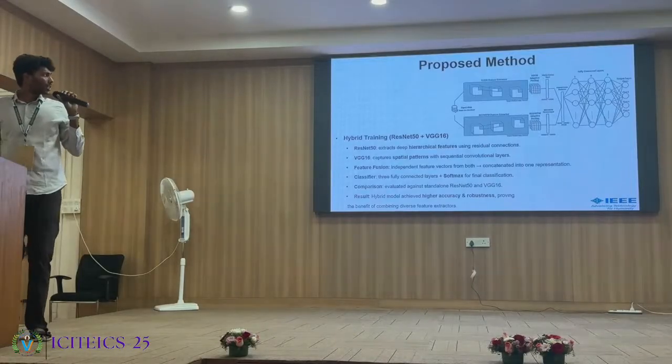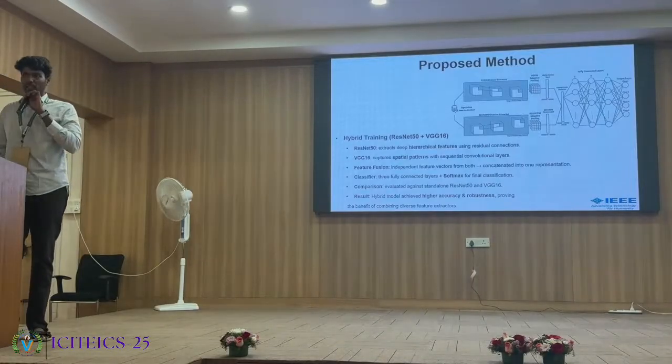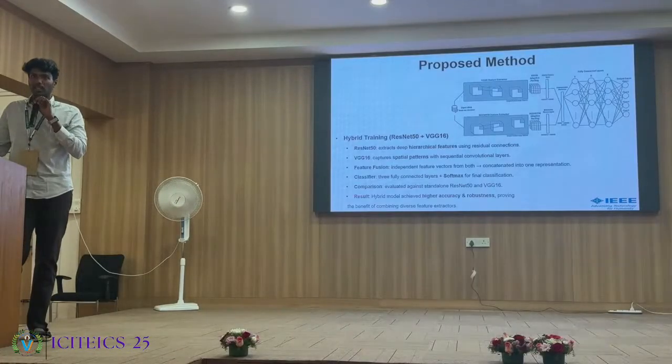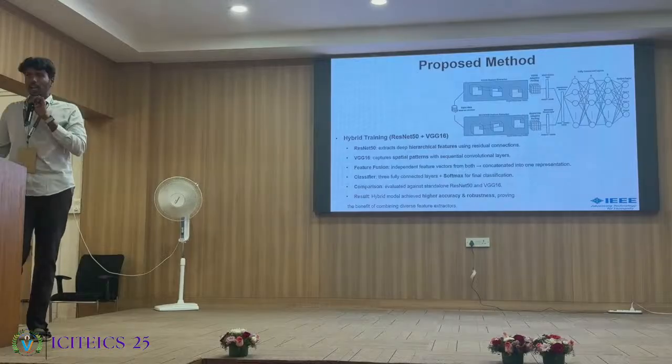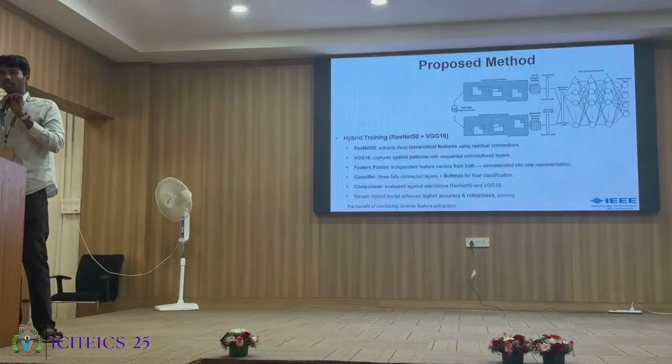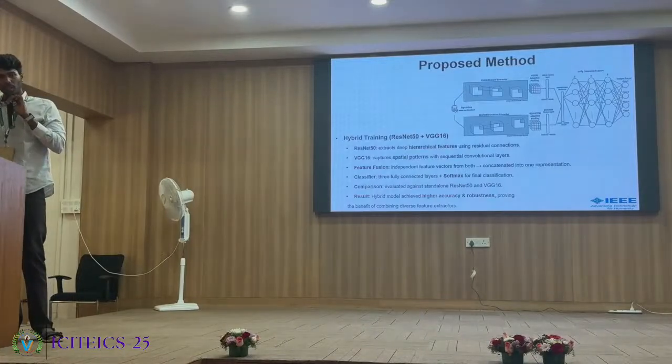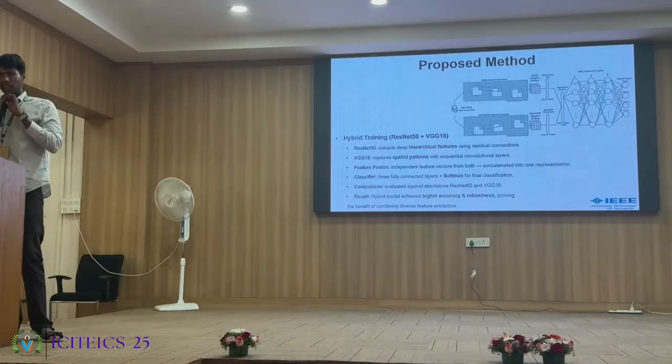And the last one that we have done is hybrid training. We took two best performing pre-trained models like ResNet50 and VGG16. We trained this entire dataset with individual pre-trained models, and the results were good compared to the other CNN models.